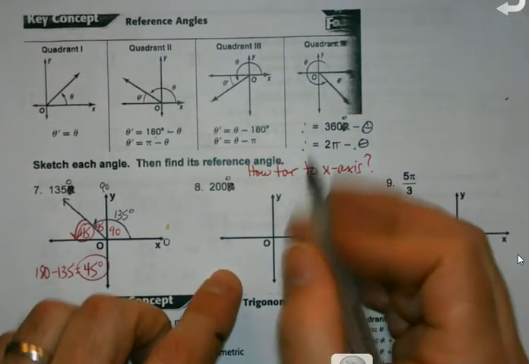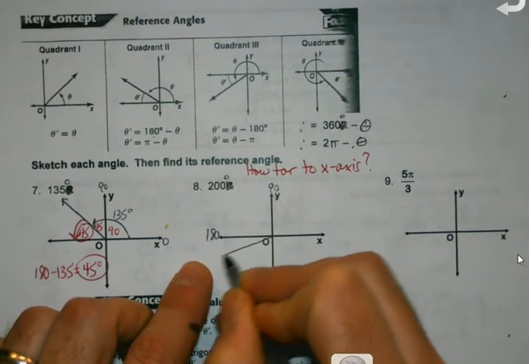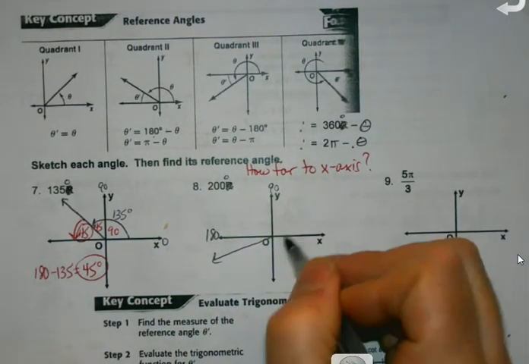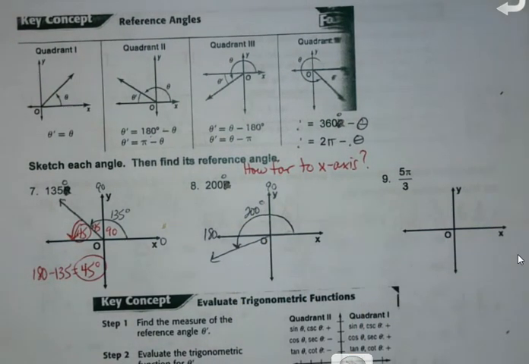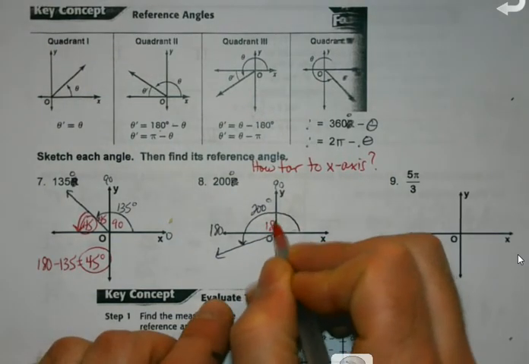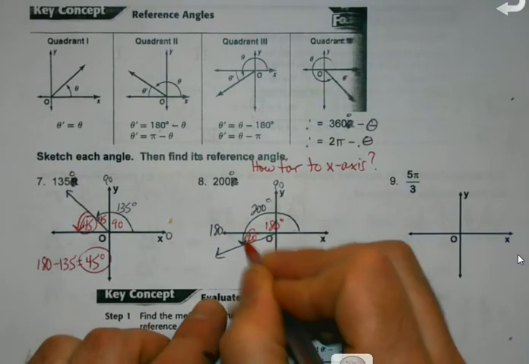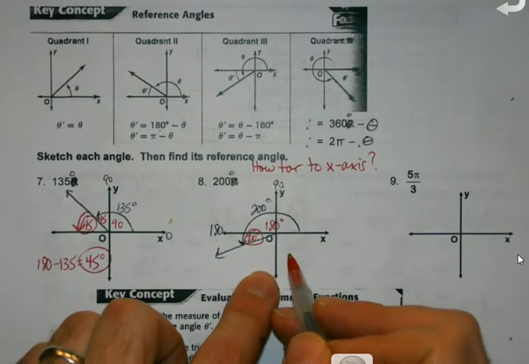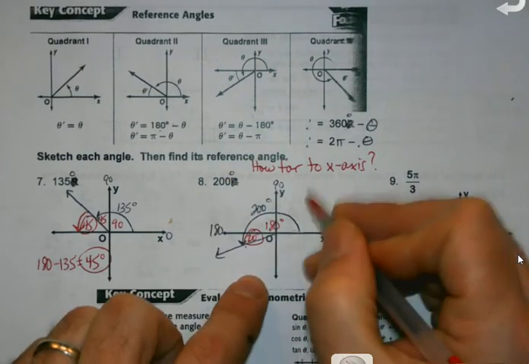So when we're doing 200, you're like, okay, 90, 180, and I've got my little angle here, because I know to get my 200, it comes all the way around. But I know this piece in here is 180, and this is 20, okay? That 20 is my reference angle. It's how far to get back, not to get to the next axis. And if I wasn't sure, I'm in quadrant 3, so I just subtract 180 from it.